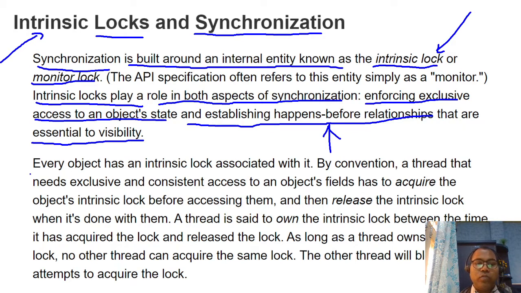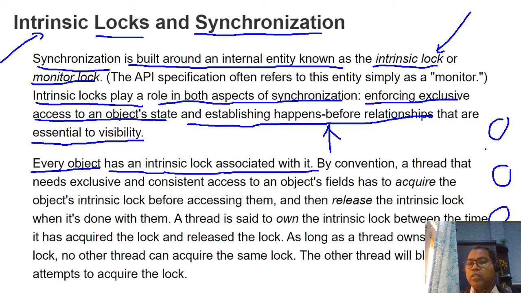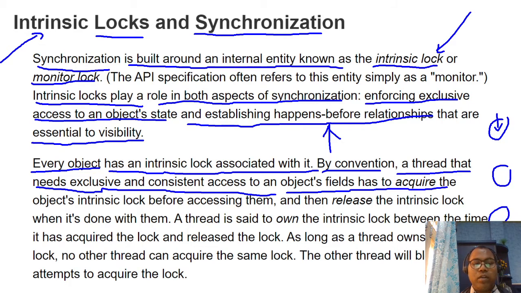Here in Java, every object has an intrinsic lock associated with it. So whenever you create any object, object 1, object 2, object 3, with each object there is one intrinsic lock. By convention, a thread that needs exclusive and consistent access to an object's fields has to acquire the object's intrinsic lock before accessing them.